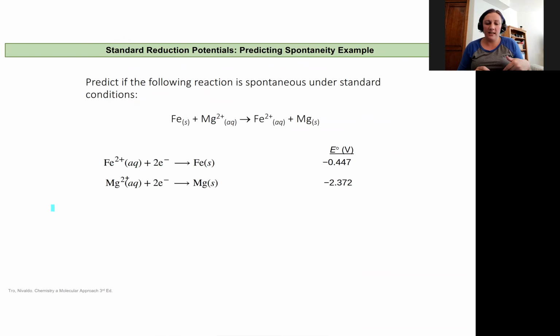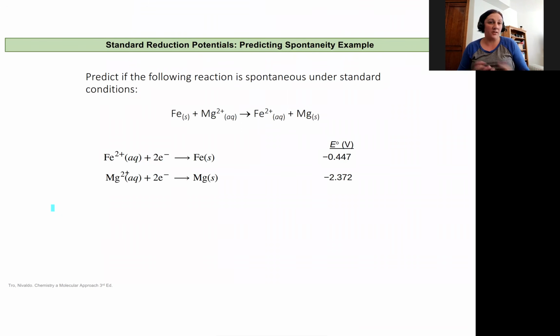So let's predict if this redox reaction is spontaneous under standard conditions. We've got our iron becoming iron plus 2, so we're losing electrons, so that's being oxidized. We have our magnesium going from plus 2 to its elemental form, so it's gaining electrons, so it's being reduced. I've pulled those reduction half potentials off of our table for you here.